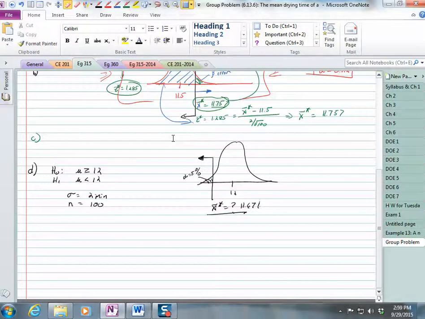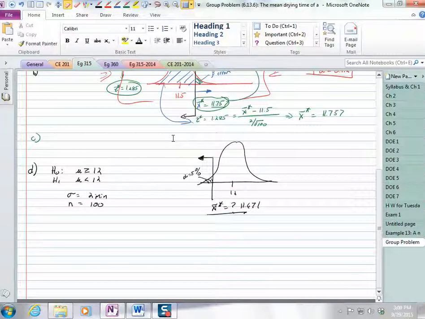Again, Part D is a lot like Part A. Pretty straightforward question, beginning of Chapter 6 stuff.